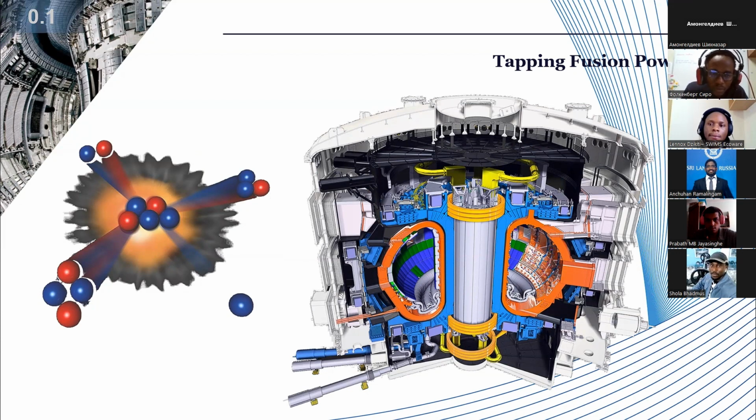But on planet Earth, the gravitational pull is not that huge in comparison to what we experience in the sun. So we have to rely on a device that facilitates the fusion process, what we call a tokamak, a Russian acronym for a toroidal chamber with magnetic fields.